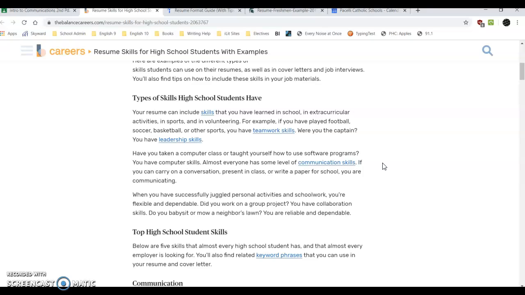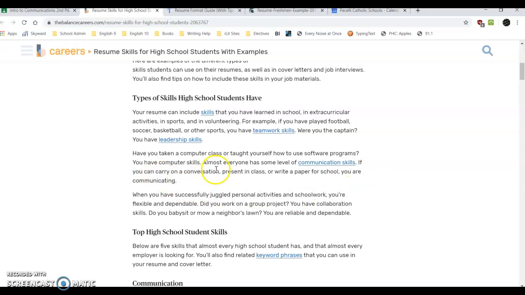It's kind of like a relationship. A relationship isn't going to work if the two people can't communicate and clue each other in on what's going on. And a business can't run unless all people involved are able to communicate.